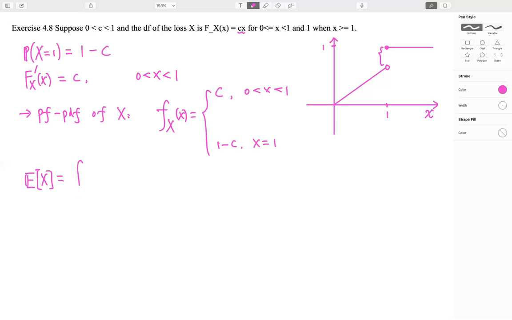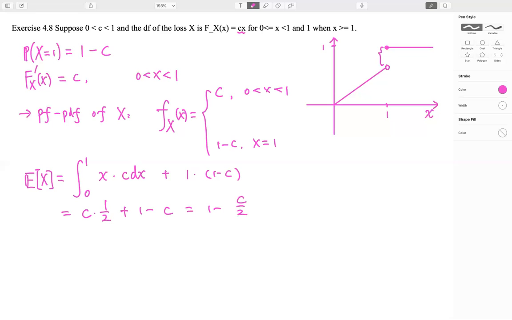Do the usual thing. We have a continuous part, x times the density c dx, plus a summation part, but here we only have a single point. It's very easy to see the result. This is c times a half plus 1 minus c, so it's 1 minus half c.